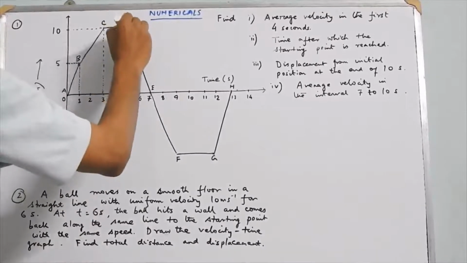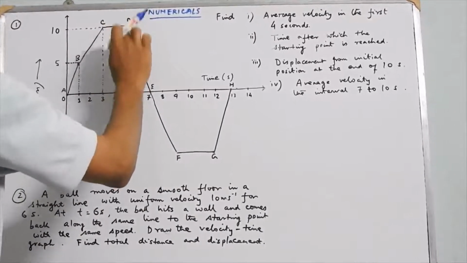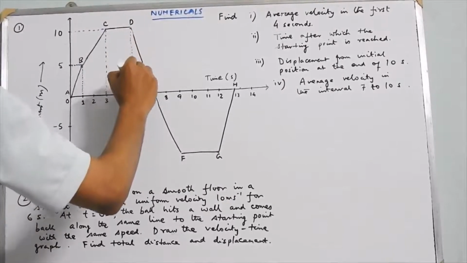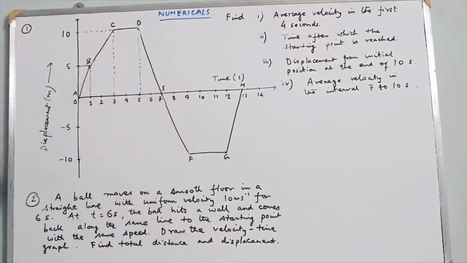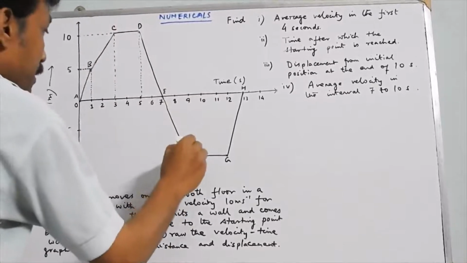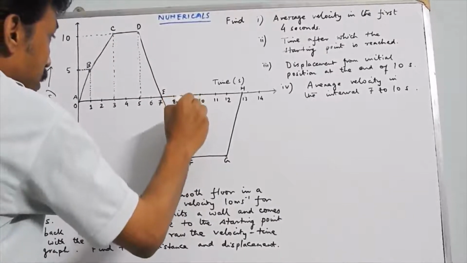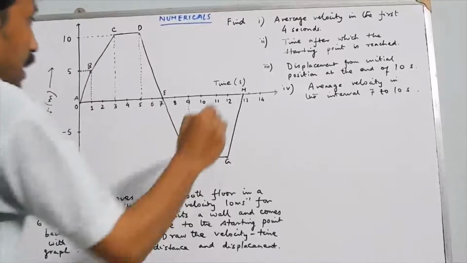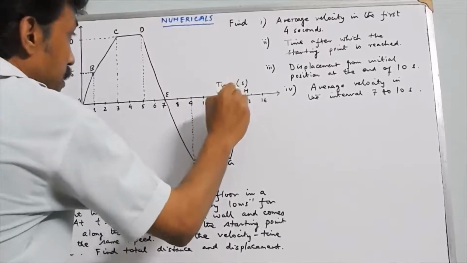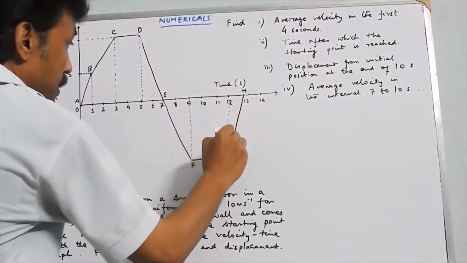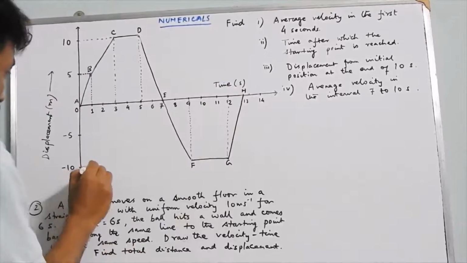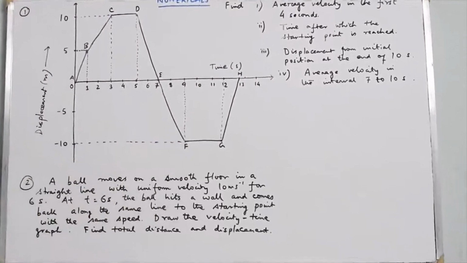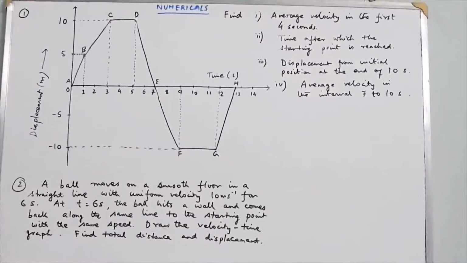Point D is associated with time interval 5 seconds. Point F is associated with time interval 9 seconds and point G with 12 seconds, and the corresponding displacement is obviously minus 10. So this is the graph.